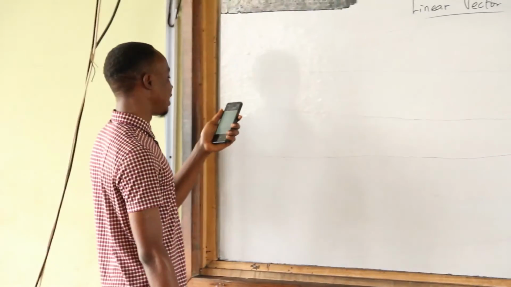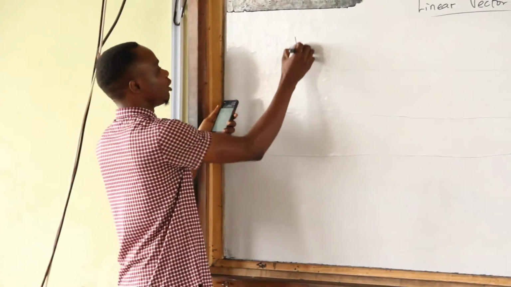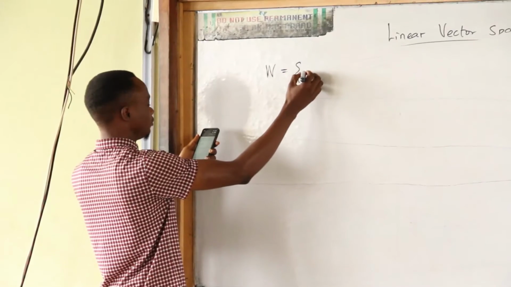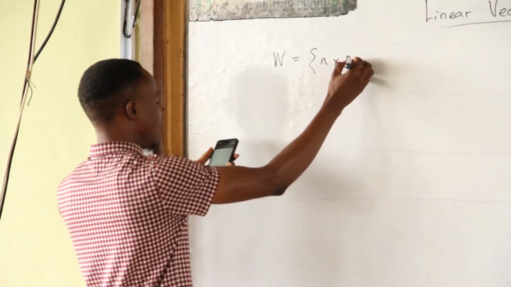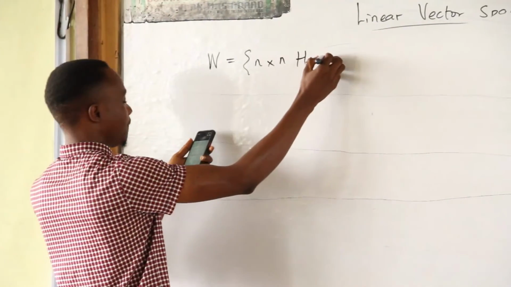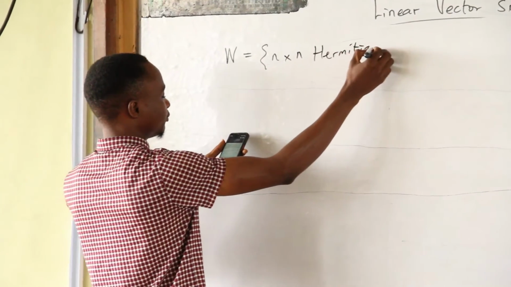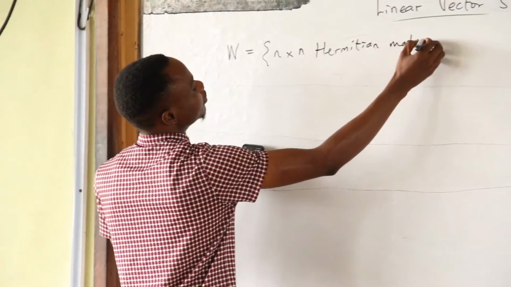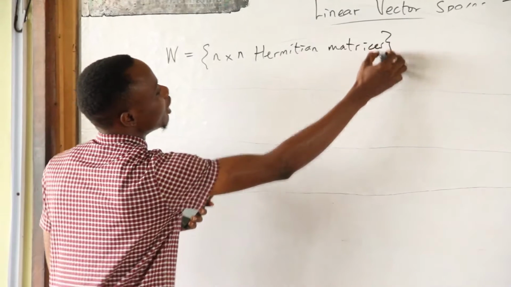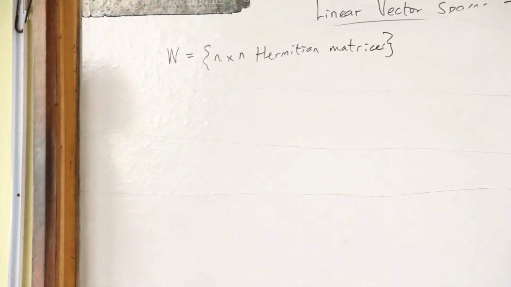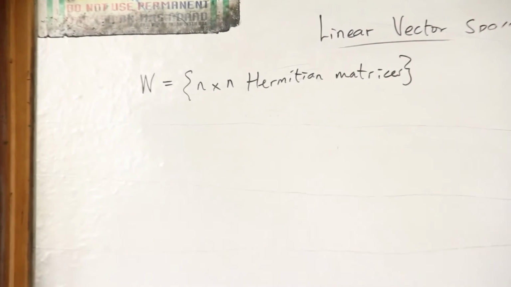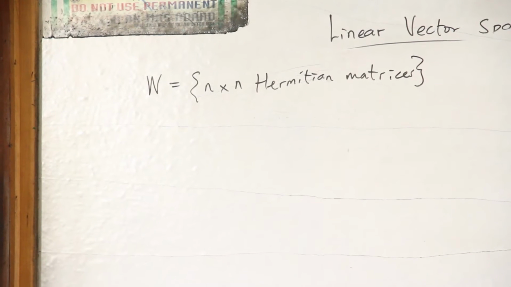Look at this. Any n by n matrices. Alright, so the first thing you need to know here is what a Hermitian matrix is.